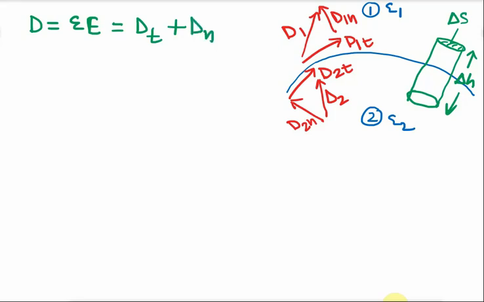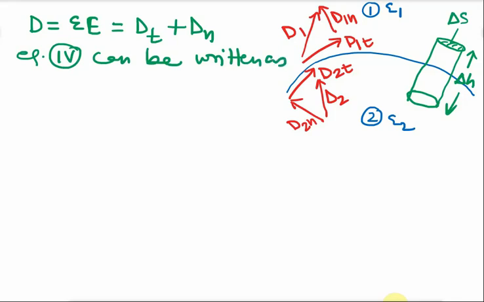So equation 4 which we had derived, what was equation 4? E1t equal to E2t.